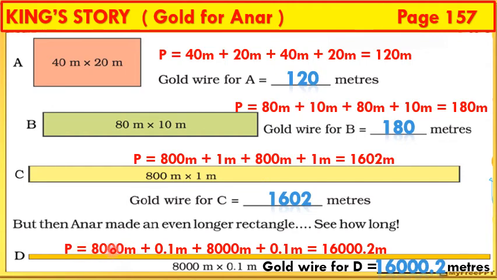Perimeter is 8000 plus 0.1 plus 8000 plus 0.1. That is, perimeter of rectangle D became 16,000.2 meters. So gold wire for rectangle D is 16,000.2 meters.